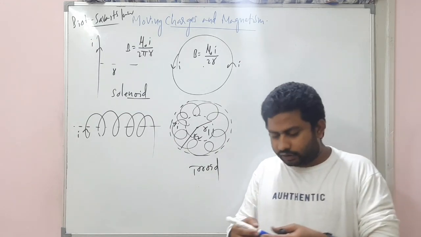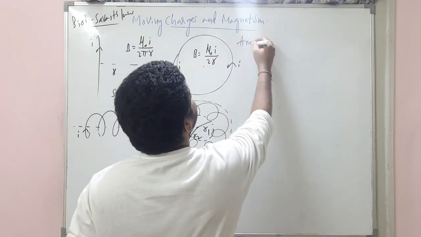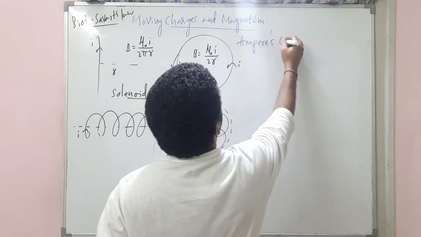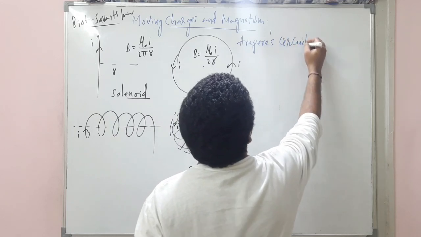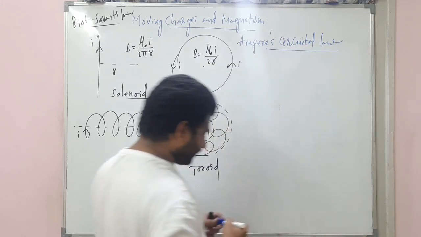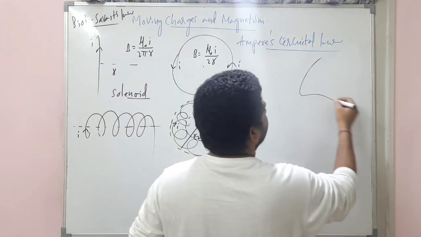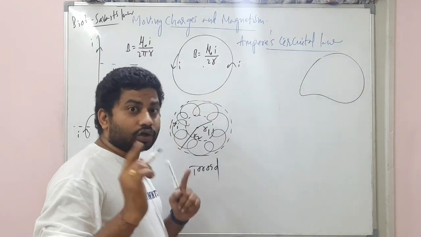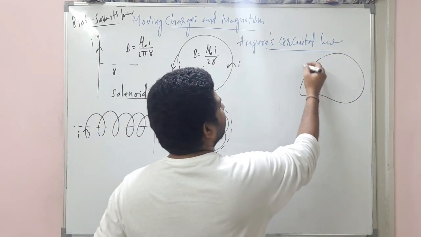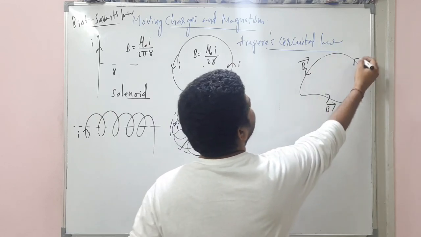And before moving to that, there is a topic called Ampere's circuital law. So, what is Ampere's circuital law? Imagine I have a closed path, and the magnetic field lines are passing through this closed path like this.